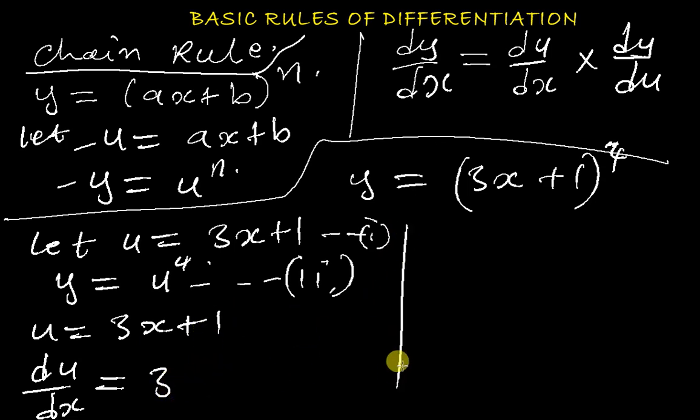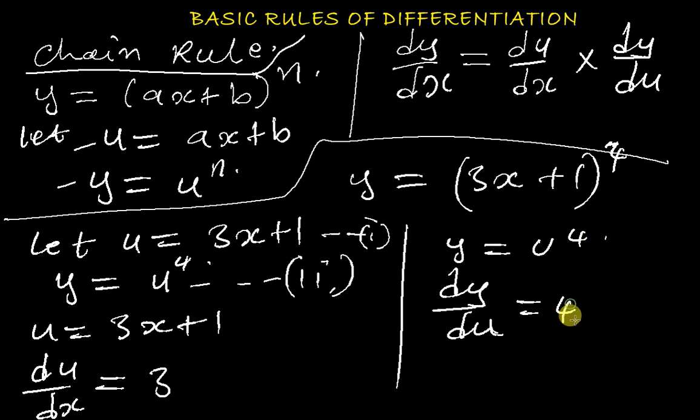And then we also get the second function, y is equal to u to the power 4. So we find dy/du. dy/du will simply be equal to 4 times u to the power 4 minus 1, which is 3. So I'm using the power rule to differentiate that.